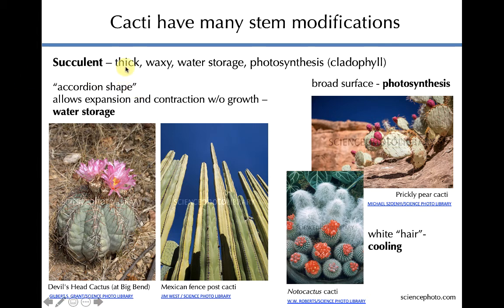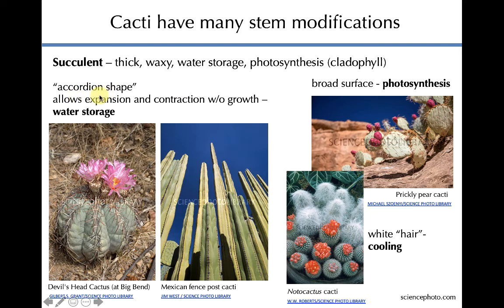So they have these thick, waxy coats on them. So their cuticle is very thick, preventing water evaporation. They also have the ability often to store water. Sometimes it's because they're hollow, but usually it's just because the tissue of the stem is very thick and spongy.